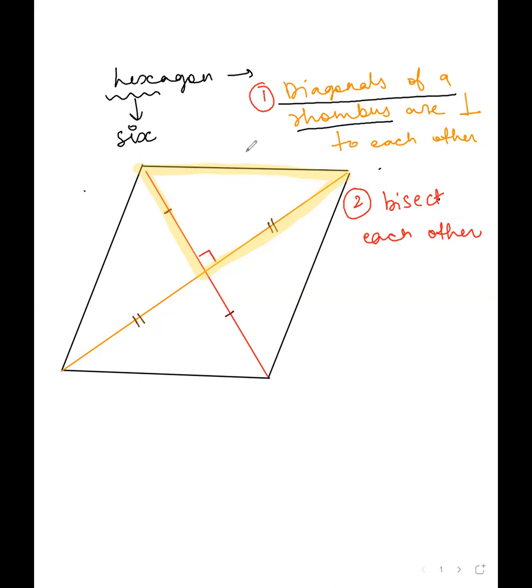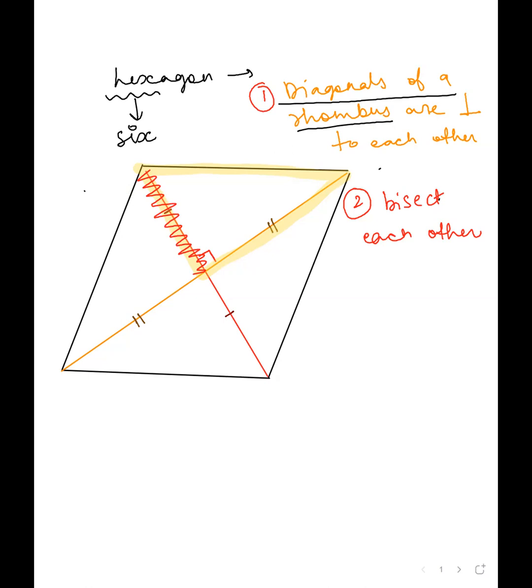All right. So, can you read the question again? What does the question say about the lengths of these two diagonals? 16 centimeter and 30 centimeter. Okay. So now just look at this red diagonal. They are saying that this one is 16 centimeters. So if the whole thing is 16 centimeters, then what will half of it be? 30. Sorry?